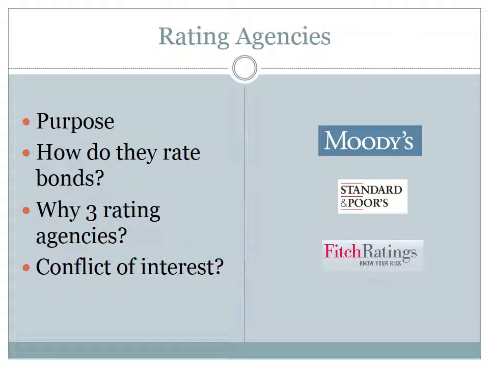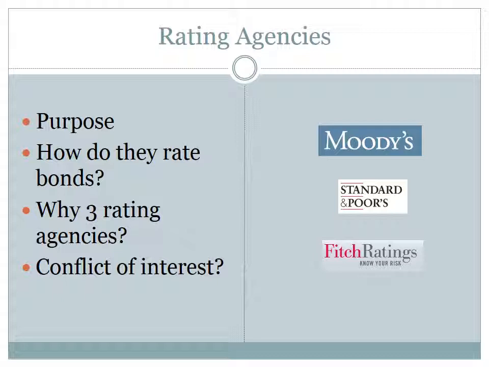Now, in terms of rating agencies, as I mentioned before, bond ratings are very important. There are three major bond rating agencies: Moody's and Standard & Poor's, which are the two biggest, and all your Fortune 500 companies, actually probably all your public companies, subscribe to those two rating agencies. Fitch's is the third one, and most of your companies also subscribe to Fitch's.